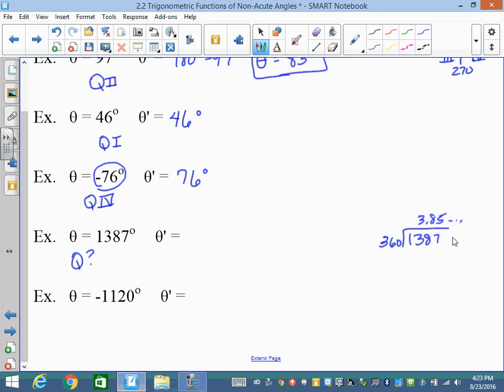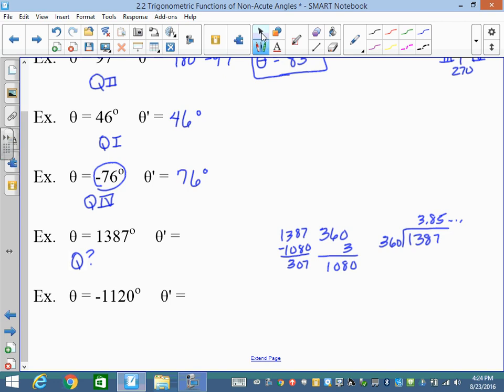So I know it's 3 rotations around. So 360 times 3 is going to give me 1080. 1387 minus 1080 is going to give me an angle of 307.